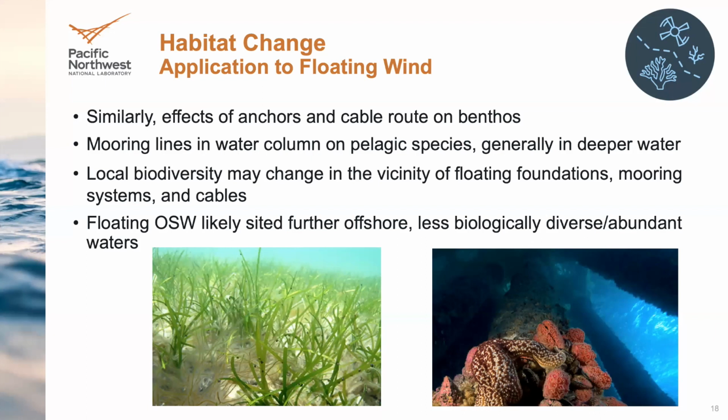It's not to say that certain species won't be there, but these are not likely to be placed in quite as biodiversity hotspots as the marine renewable energy devices might be. So again, siting properly, not putting your anchors on top of the only reef in sight, not tearing up eelgrass. Well, the eelgrass bed's too deep for that. Really is the answer here. So we think this is very, very, very manageable for floating wind.